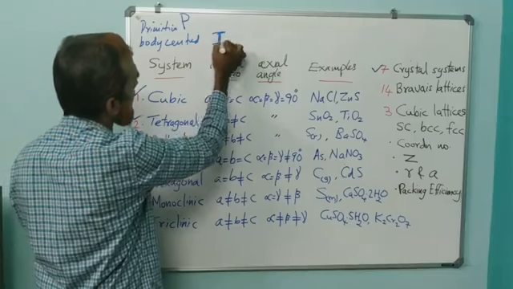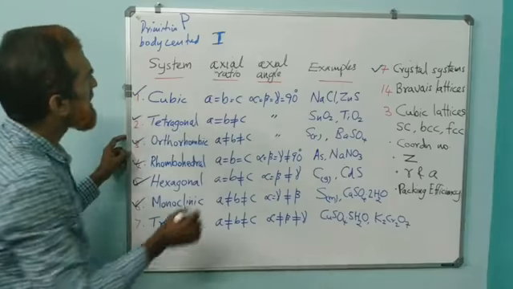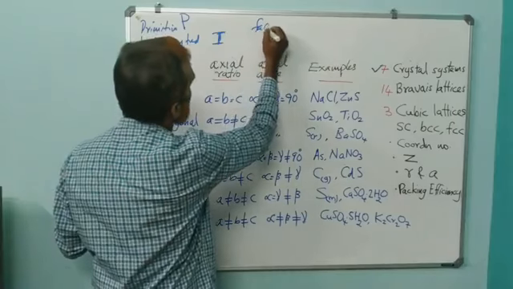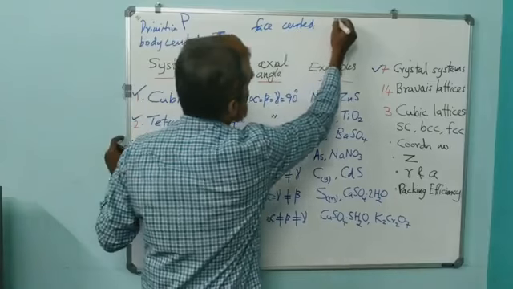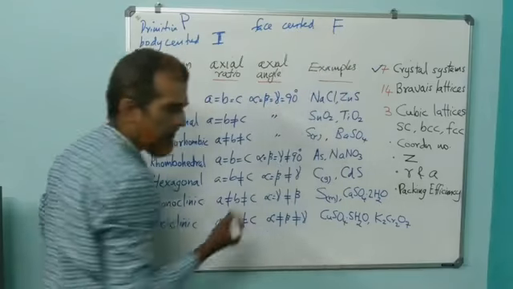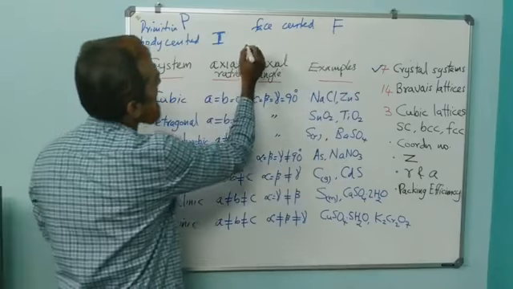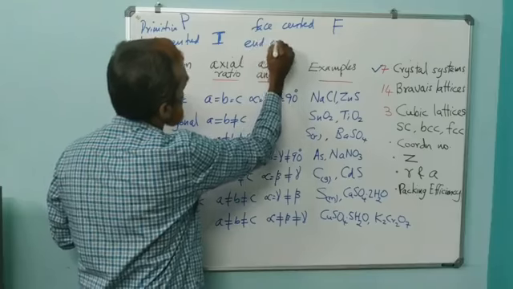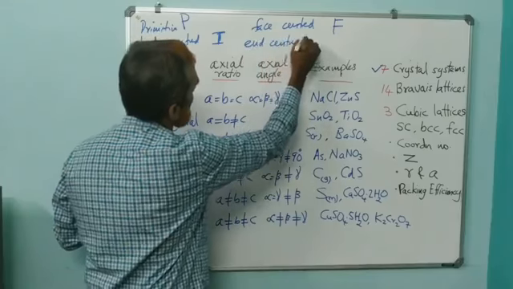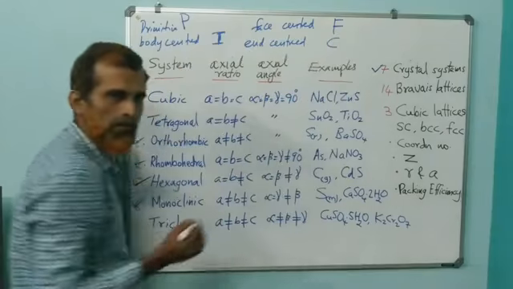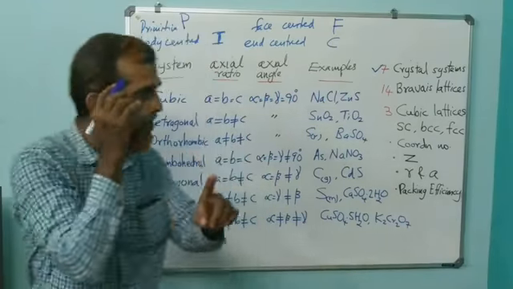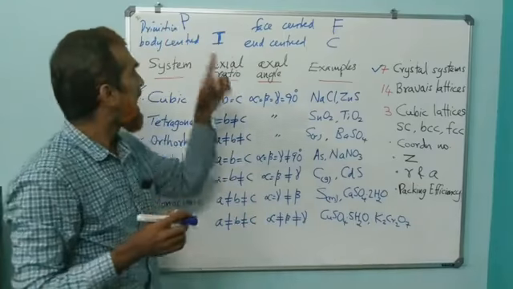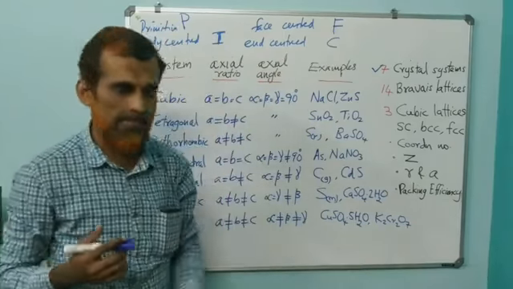Then the face-centered lattice, represented by the letter F, and rarely there is another one, the end-centered lattice, represented by the letter C. So there are 4 different types of Bravais lattices. One is the primitive lattice and the other 3 are centered lattices.